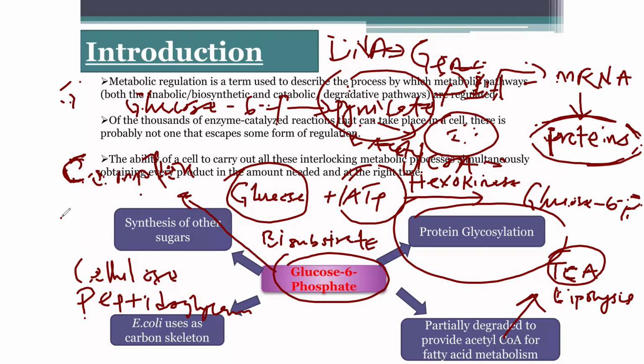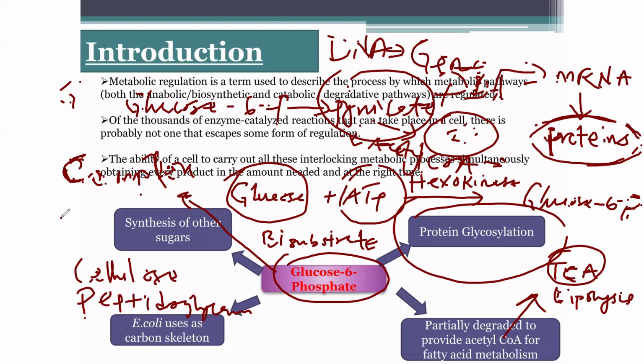And of course, if the body is not in need of post-translation modification, and there is no need of energy, then the cellular glucose phosphate will be used in synthesizing complex carbohydrate molecules like cellulose, peptidoglycan, glycogen. Of course, in humans, we store glycogen as part of the carbohydrate storage form.